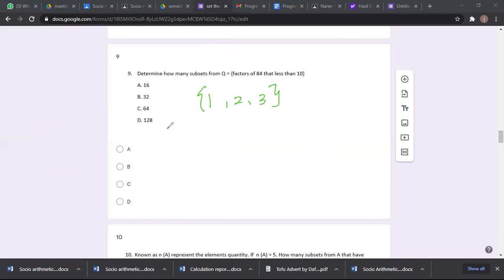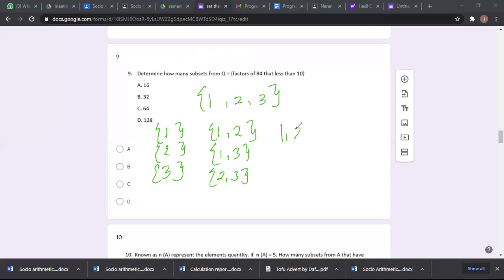We can write first the subsets with 1 element, and then the second with 2 elements, and then the third with 3 elements, and then the last one is the empty set.